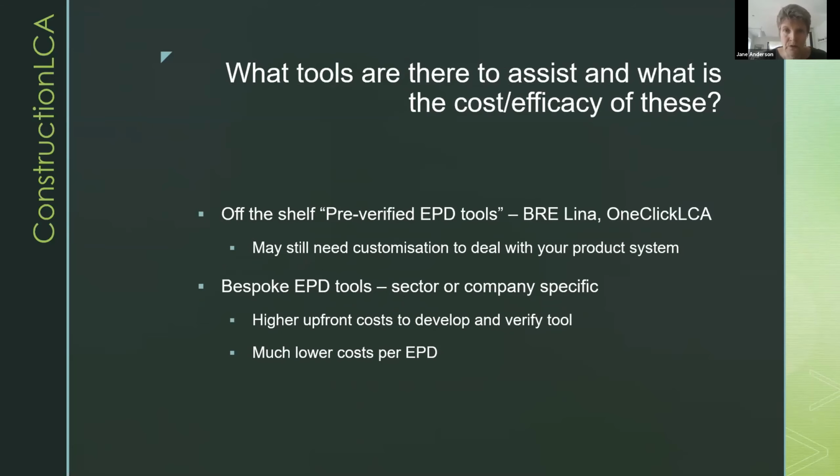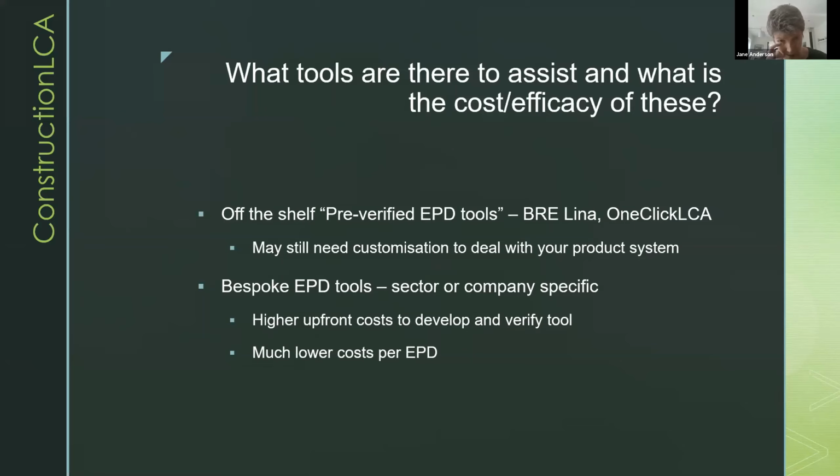In terms of tools, there are different sorts. So BRE has a tool called Lca, which is an off-the-shelf pre-verified EPD tool that can really produce an EPD for allegedly everything or anything. So it's customized effectively to deal with your product system. And One Click LCA also has a similar tool which they've recently launched, I think.